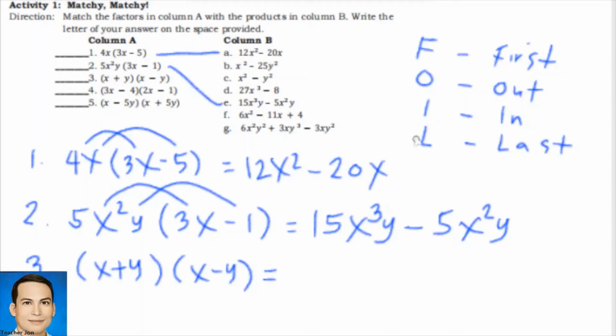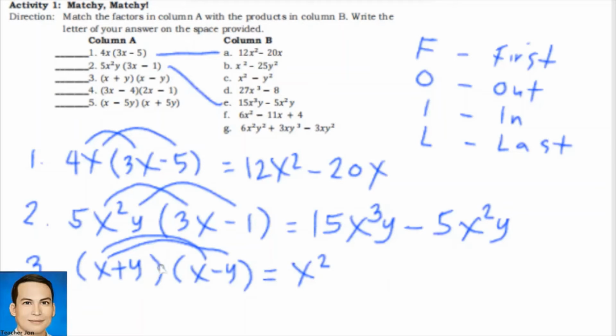How to apply that? So x times x, these are the first terms of both binomials. So x times x is x squared. Then O for the outer. So you can see the x and the negative y, they are situated on the outer part.